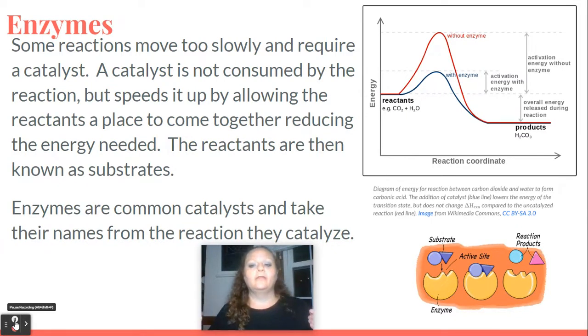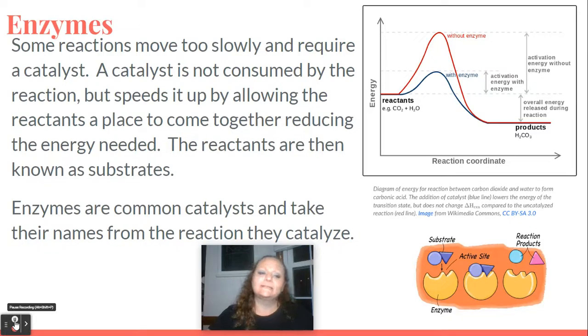So that catalyst, that enzyme, is that push. It helps the reaction occur with less energy. You don't need as much energy. So the reaction goes faster or is more complete. Essentially, though, you end up in the same place.